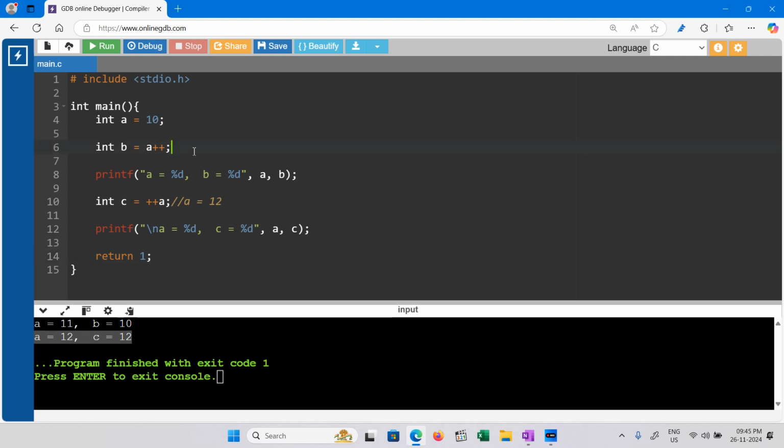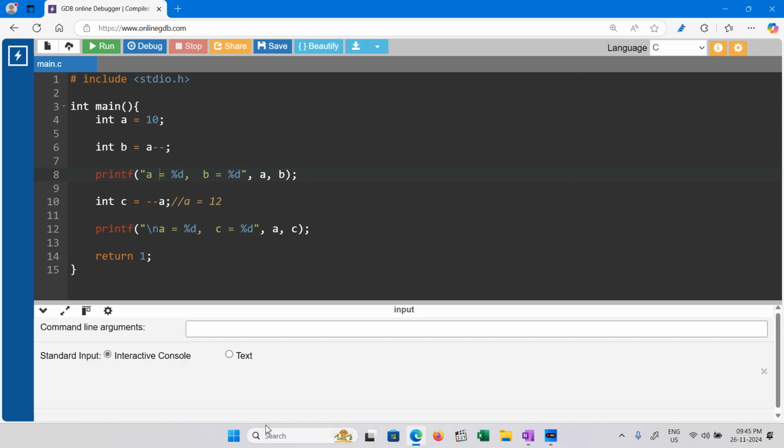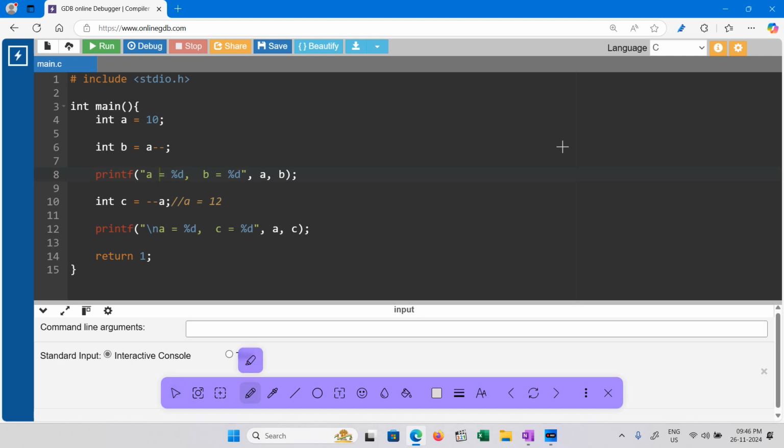So just pause it and rewind, and try to understand the theory. I am applying decrement here. Before executing the code, let us solve it so that you can understand. Now see here, a is 10, fine. Now what is happening? b equal to a minus minus.